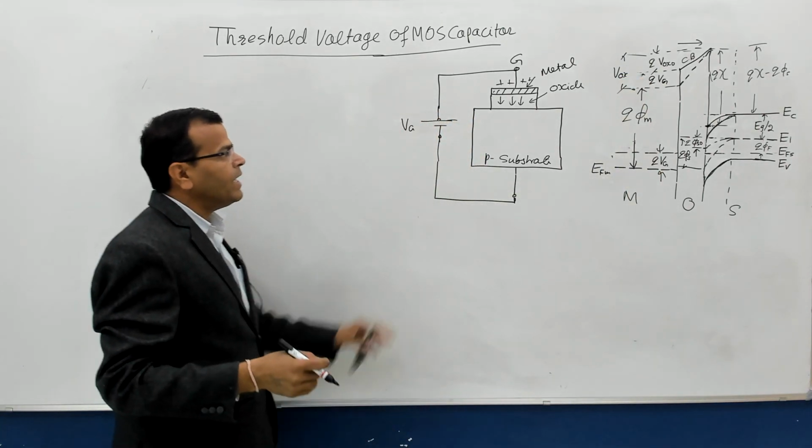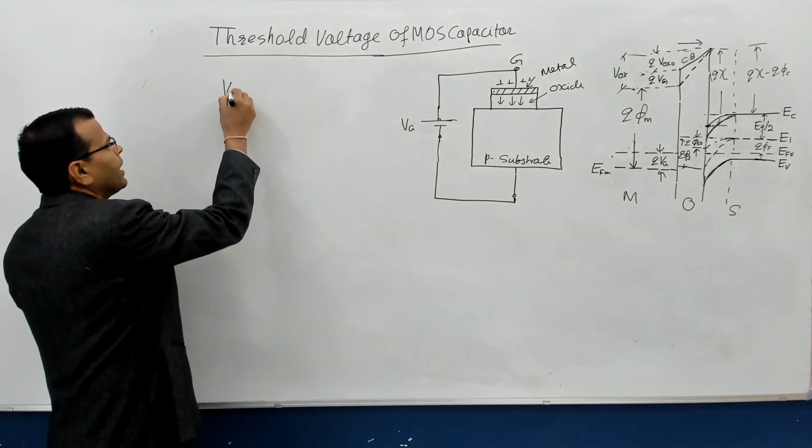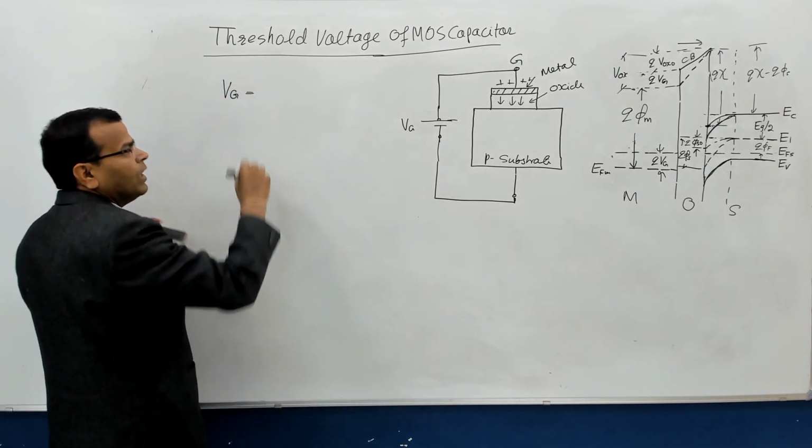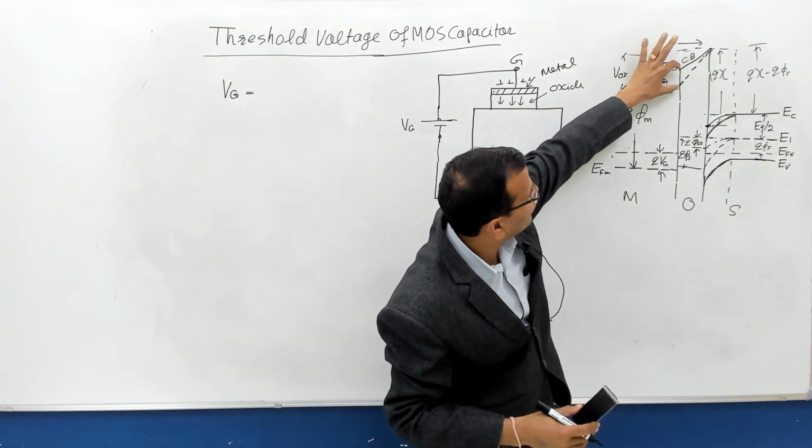So the applied gate voltage Vg is equal to what? That is resulting in a change in voltage across the oxide layer.